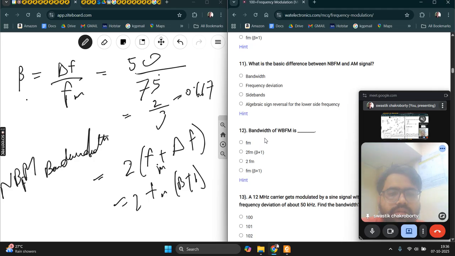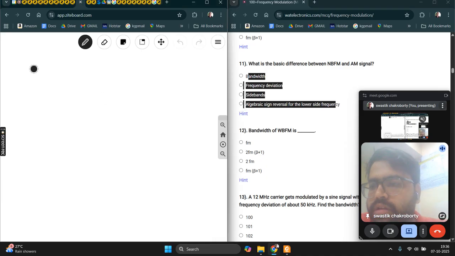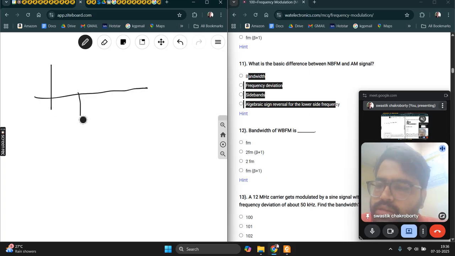Next, what is the basic difference between NBFM and AM? NBFM and AM have the same bandwidth, the same frequency deviation, but the lower sideband for NBFM looks different. There is a carrier and an upper sideband, and the LSB is reversed.